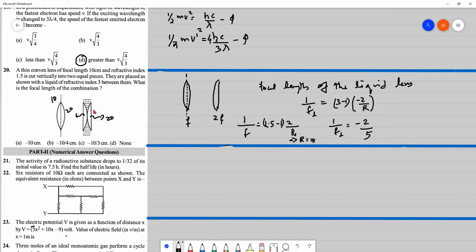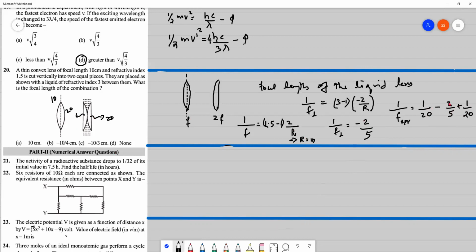Now there are 3 lenses here. This is the first lens. The effective focal length is 1 by F equals 1 by F1 plus 1 by F2 plus 1 by F3. The first lens is 1 by 20, the second one is the concave lens, which we found to be minus 2 by 5, and the third one is also plus 1 by 20.